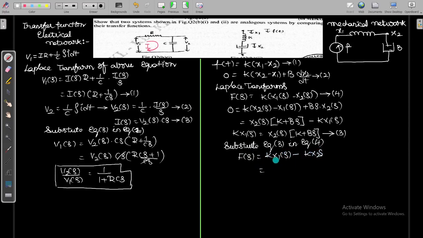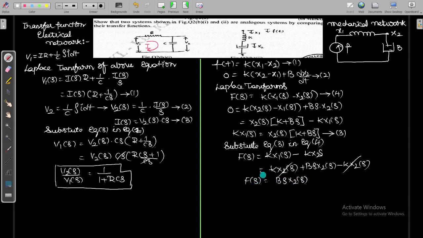Instead of k into x1 of s we can write k into x2 of s plus bs into x2 of s, minus k into x2 of s. The k into x2 of s terms cancel. What you get is F of s equals bs into x2 of s. So you got this equation.